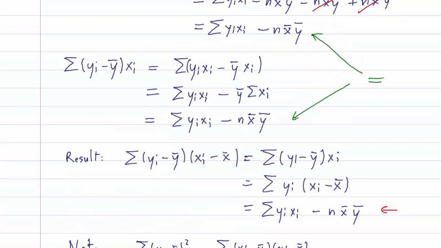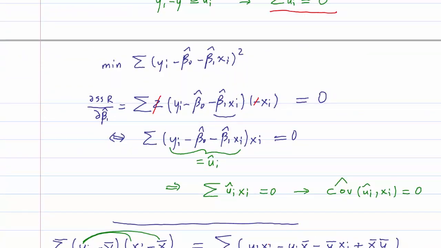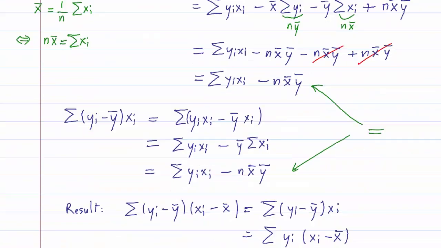If I come back a little bit, remember that we had the sum of ui hat times xi equals 0. So let me note that again.